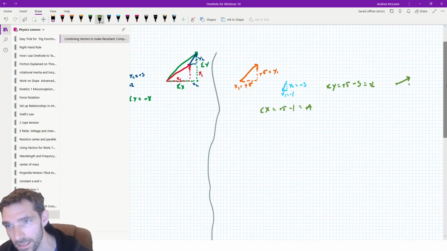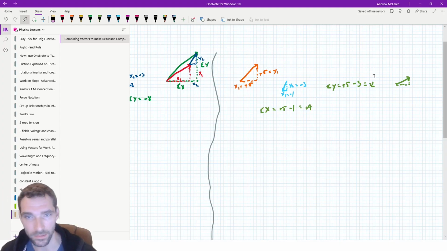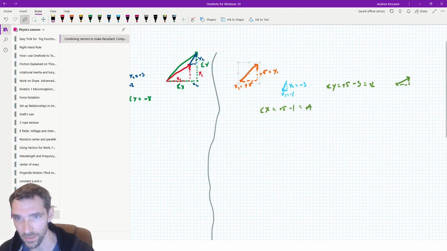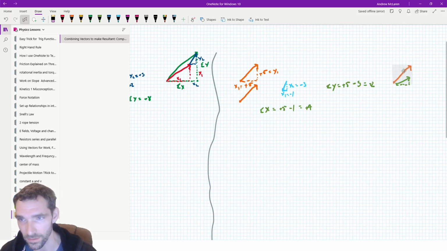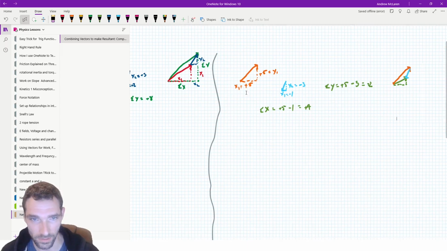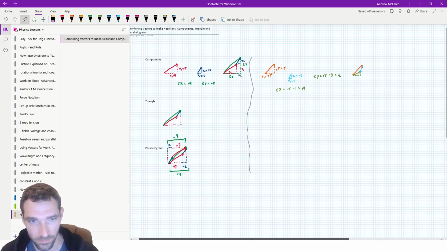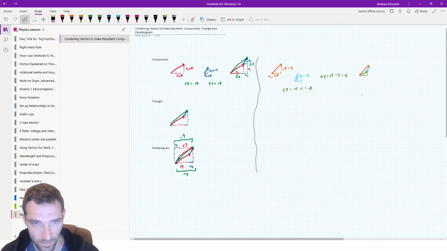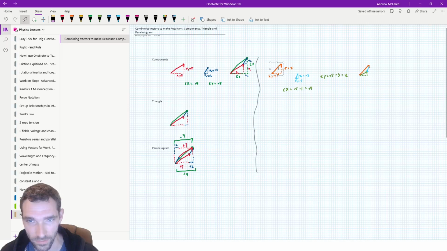And to prove that that really is our two being put together, we can just go ahead and do a little visual overlay of them. So we've got our first component going way past that, and then the second component kind of bringing it back a little bit. And you can see that, yes, those do work that way. So we can also do this with the triangle method, like what we did in the last problem, where we have these two smaller vectors kind of just being overlaid, and where one ends, the other one starts.